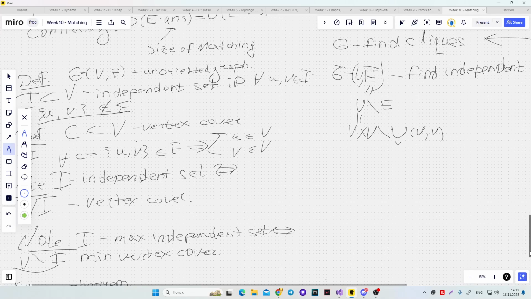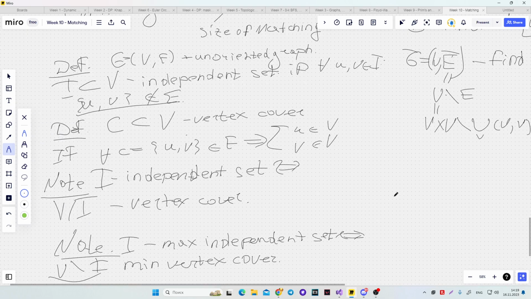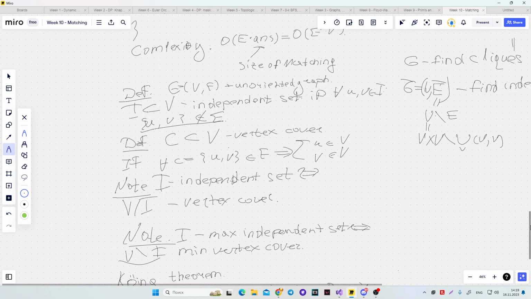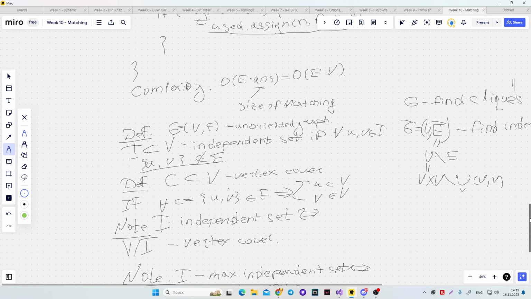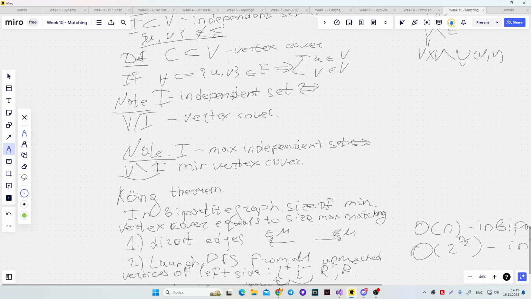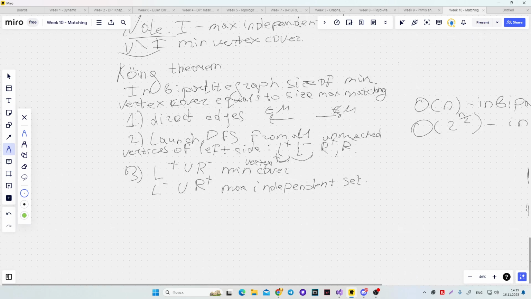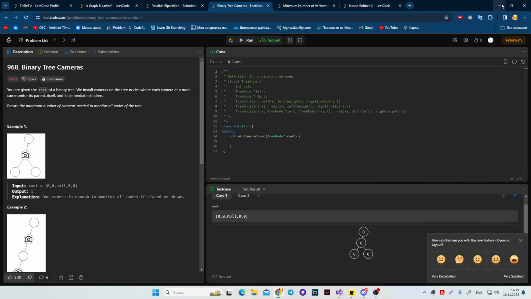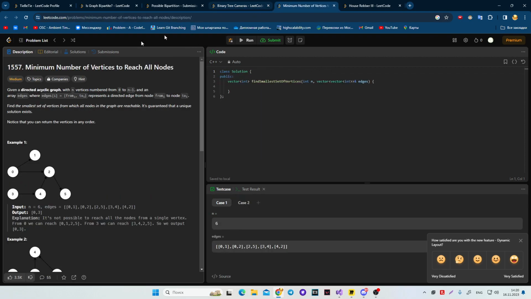It will be any bipartite graph, not any graph, and we can consider this algorithm that finds a vertex cover, this Kuhn theorem, and get our minimum vertex cover. But this task is too easy, I think.